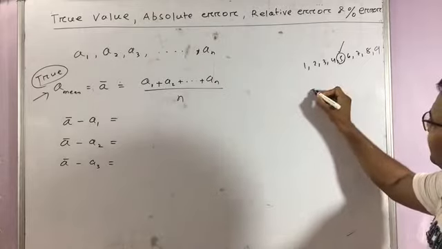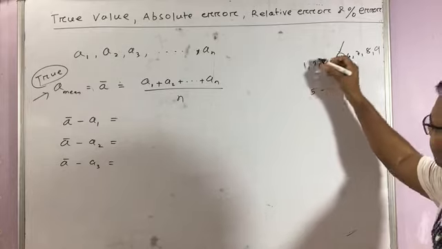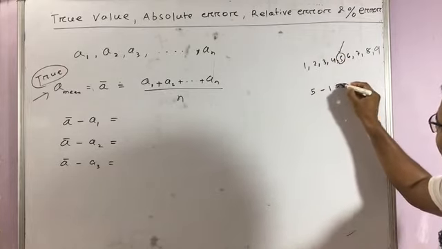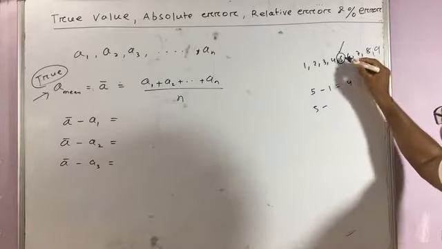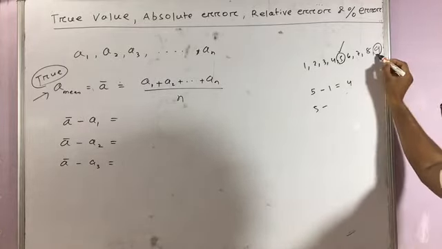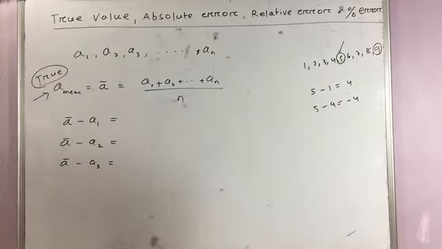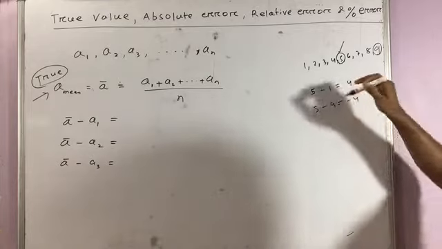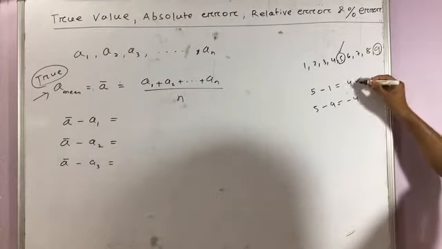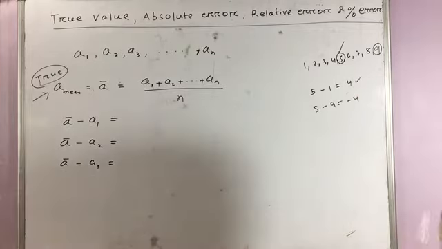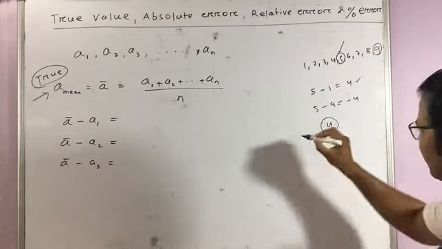Your true value is 5 and the first observed value is 1. 5 minus 1 is 4. But if you take 5, your true value, minus the last observed value, which is 9, you are going to get minus 4. In both the cases you are getting the difference either 4 or minus 4. If you take the magnitude of it, in both the cases the value will be 4.